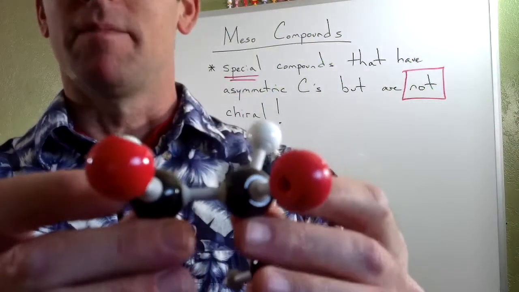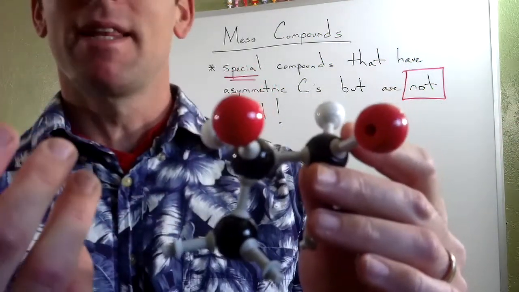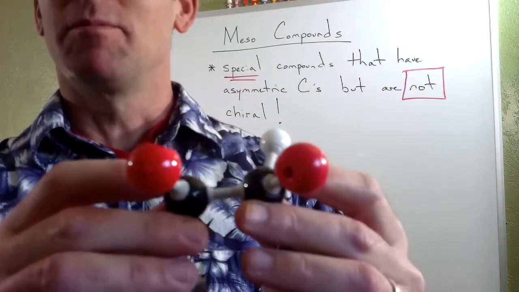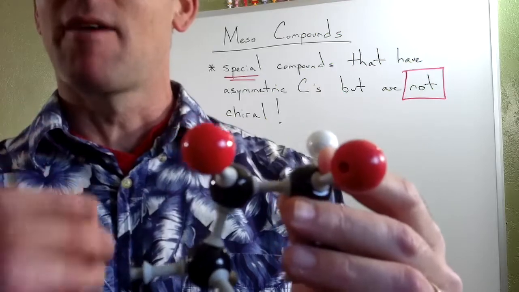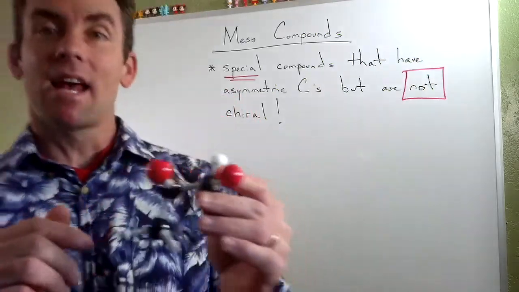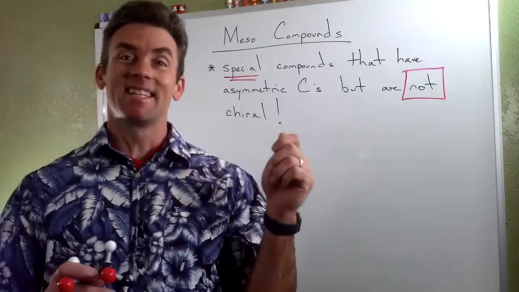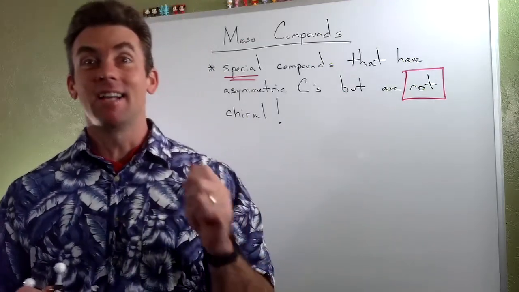That's our definition. And 99% of the time, you have an asymmetric carbon, and you're going to have a non-superimposable mirror image, right? That's the key to chirality. By the way, keep in mind that idea of non-superimposable mirror image. It's not just that these things have a mirror image, it's that it's non-superimposable, right?